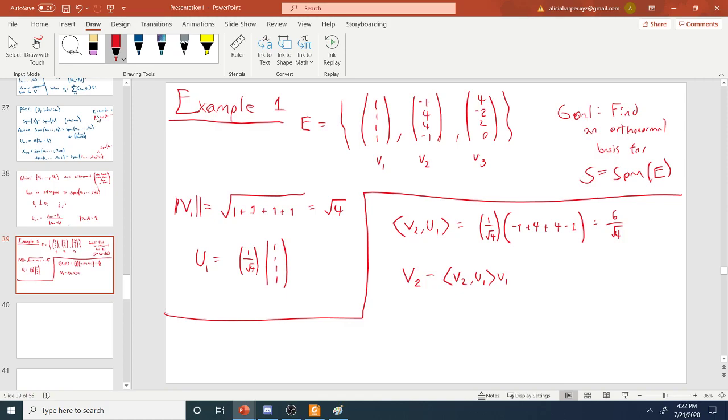This is the same thing as negative 1, 4, 4, negative 1, minus 6 over 4, and then 1, 1, 1, 1, which just turns out to be negative 1, 1, 1, negative 1, all multiplied through by 10 over 4.